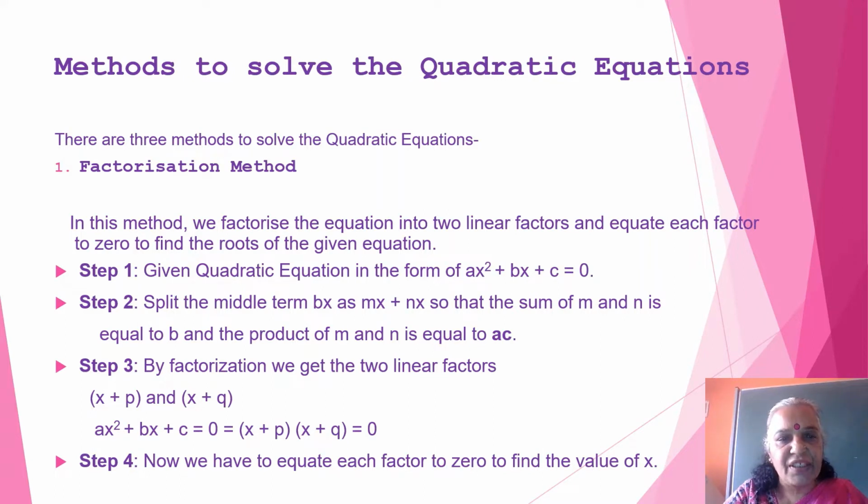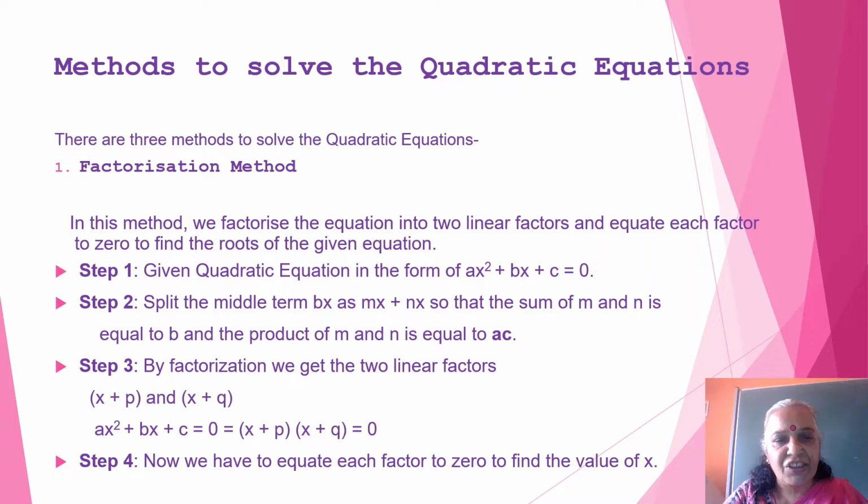Step 1: the given quadratic equation is in the form ax square plus bx plus c equal to 0. Split the middle term bx as mx and nx so that the sum of m and n is equal to b and the product mn is equal to ac.